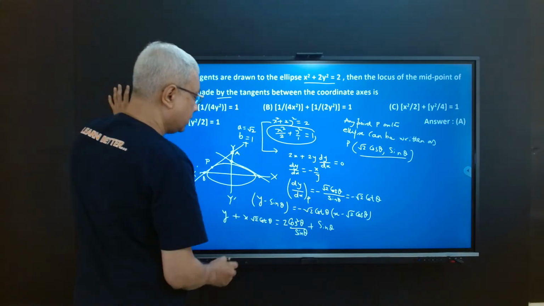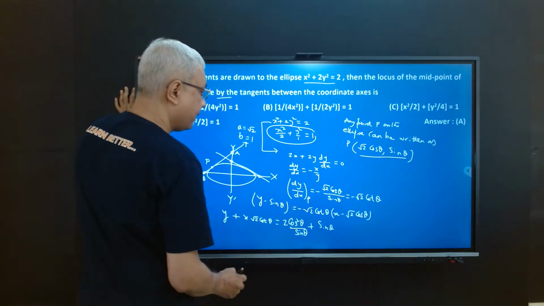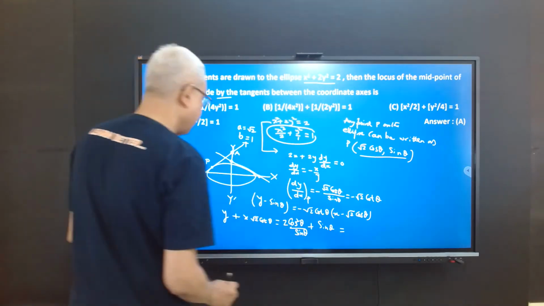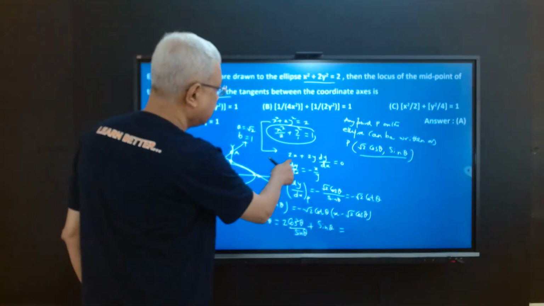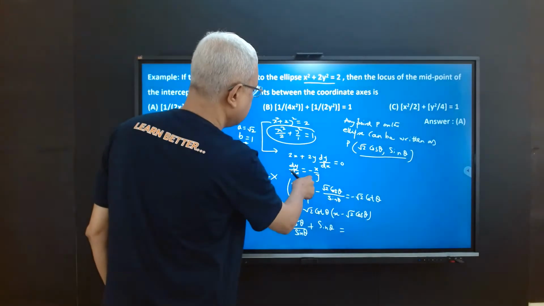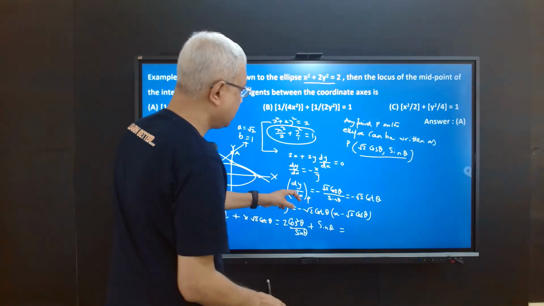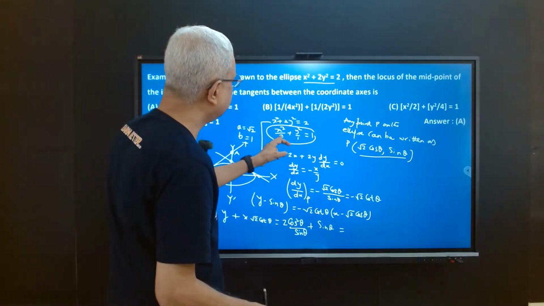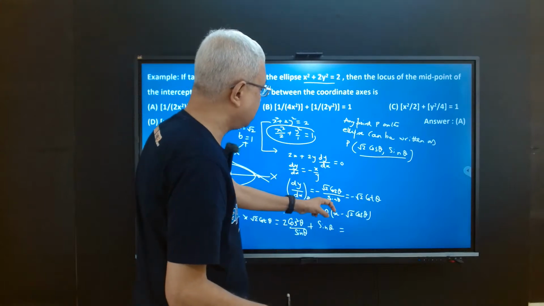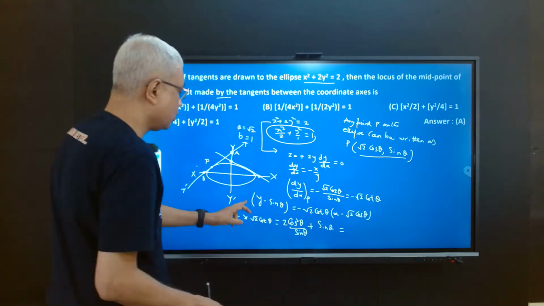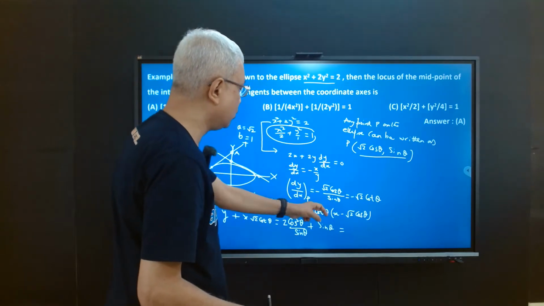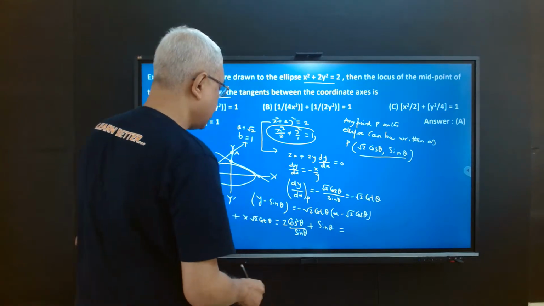Okay, so let me once again check this thing. 2x plus 2y dy/dx equal to 0. So dy/dx is minus x by y. So dy/dx is actually root 2 cos theta by sin theta. It is root 2 cot theta. So y minus y1 is equal to root 2 cot theta into x minus x1.